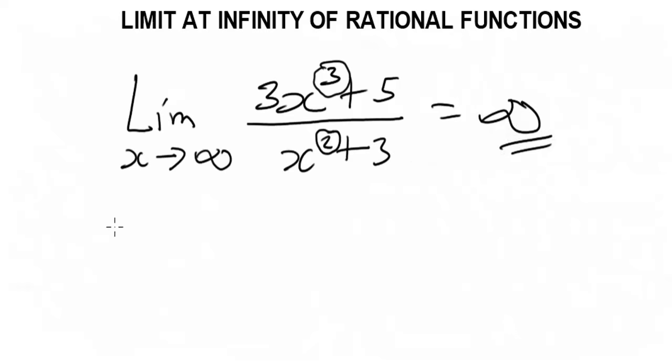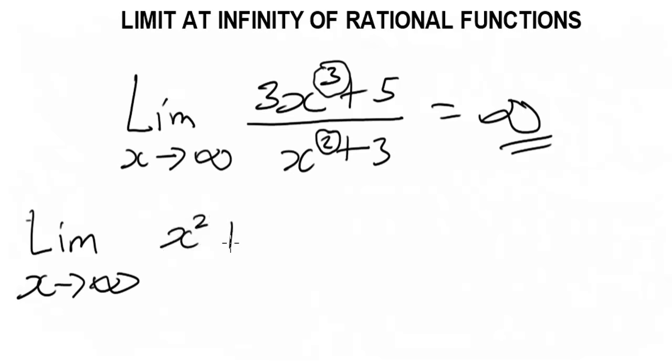So this will be our answer. Now let's check another situation. What if the limit as x is tending to infinity, and we have a situation like this, x squared plus 3 over x raised to power 3 plus 5.